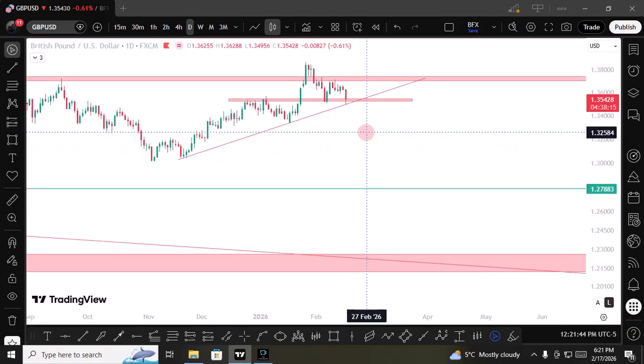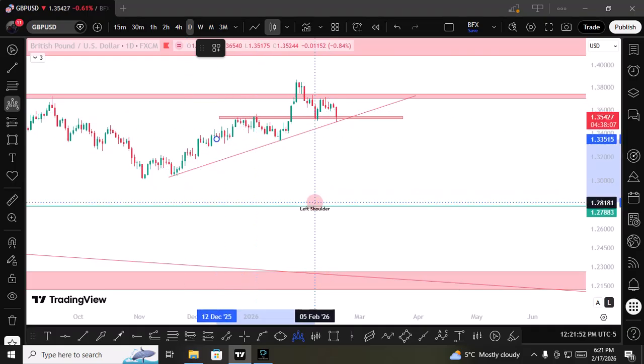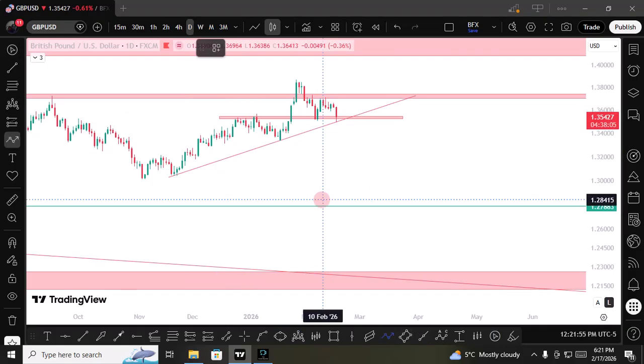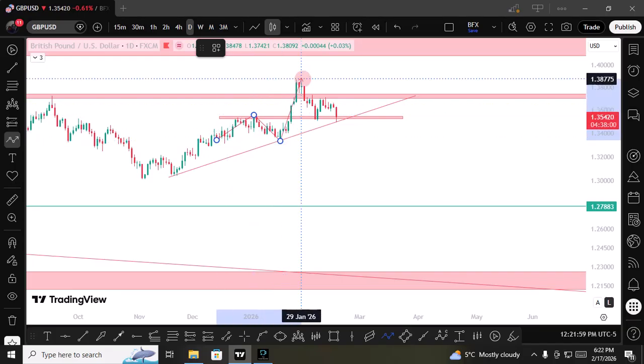So what I can see here is that I'm projecting that we might see a chart pattern here: head and shoulders.